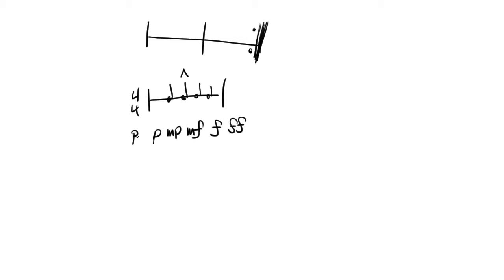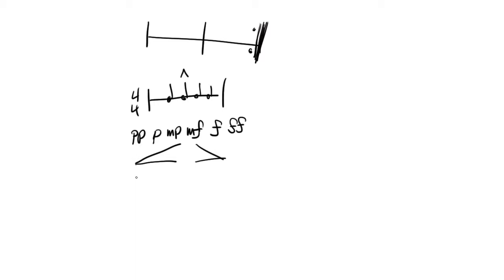We also have pianissimo, which is extra quiet. Ways to jump between these are notated. If it's a sudden jump, this will just be written below the music. If it's a gradual change, it'll be notated like this or like this.